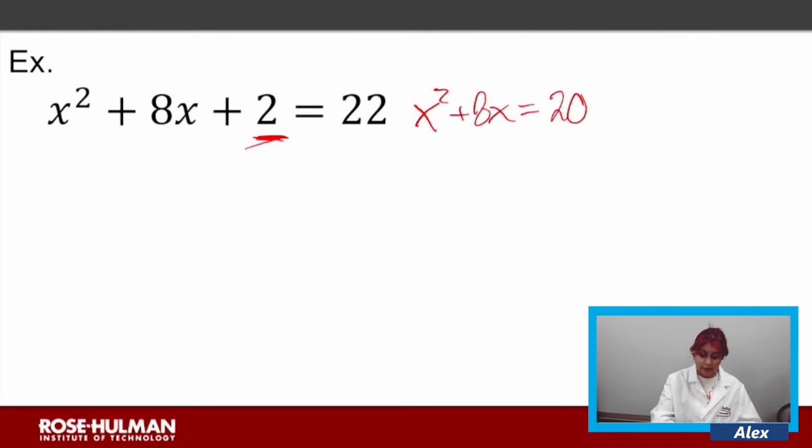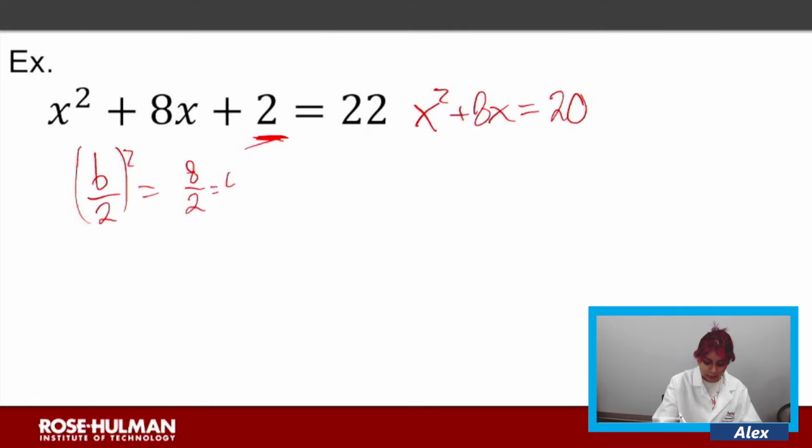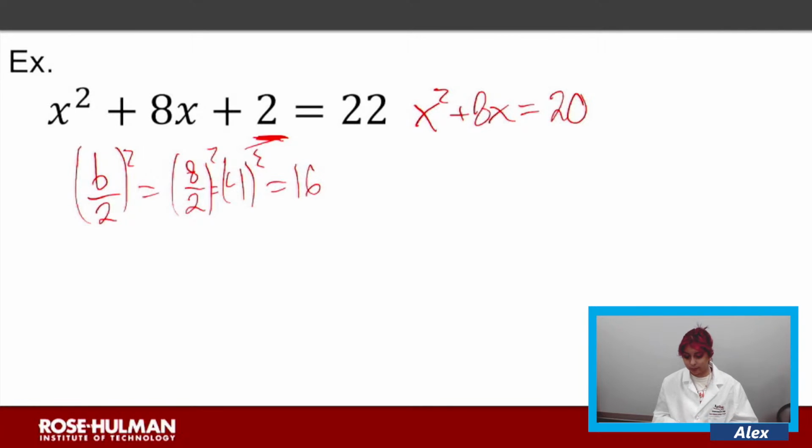Simple as that. So now for our b over 2 squared, our b is 8, over 2 is 4, squared is 16. Add to both sides of the equation.